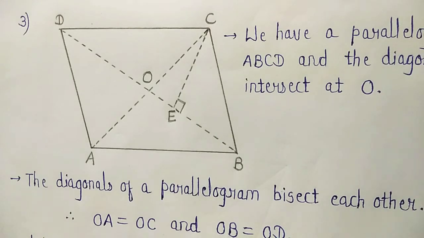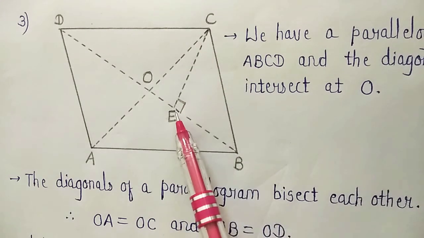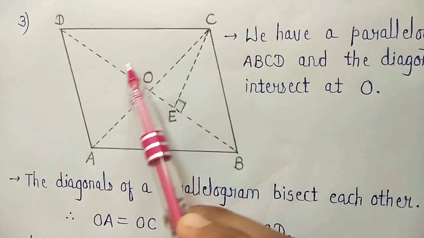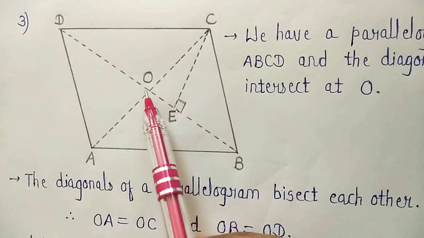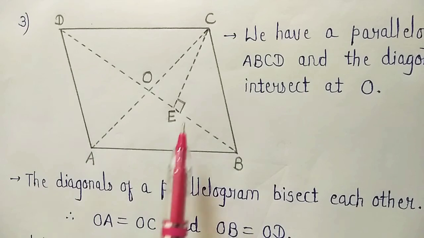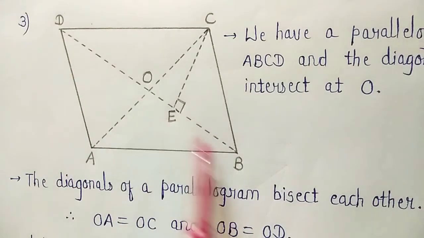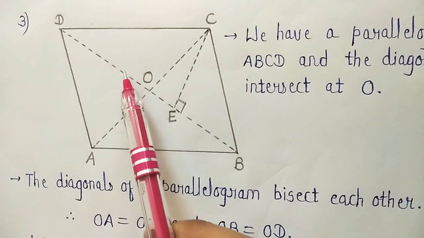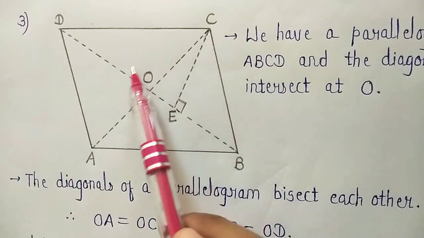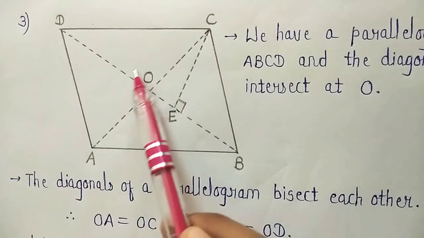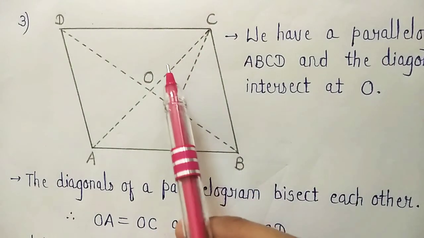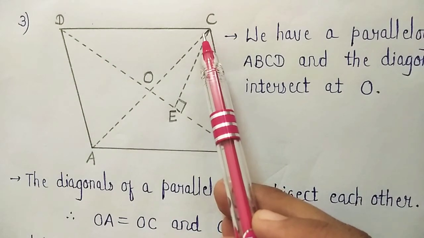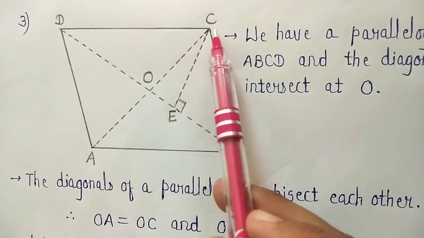Now students, we will consider that this CE is drawn on this part, on OD. As such, this is on diagonal BD. So whether we take it here or here, it will be the same. So we will take CE perpendicular to BD in this triangle. If we consider triangle DOC, then what will be the area of triangle DOC?